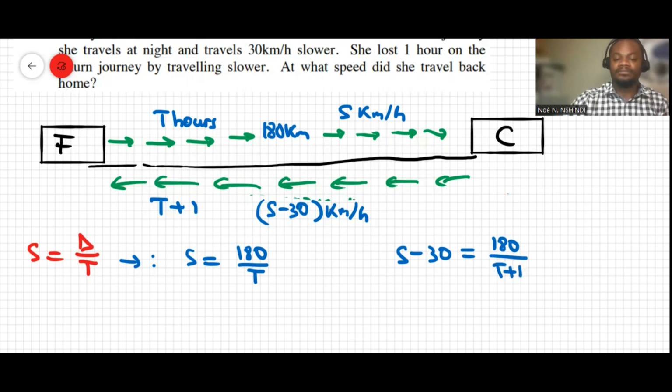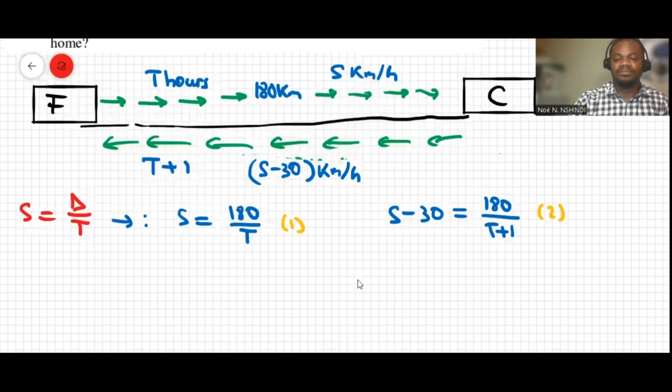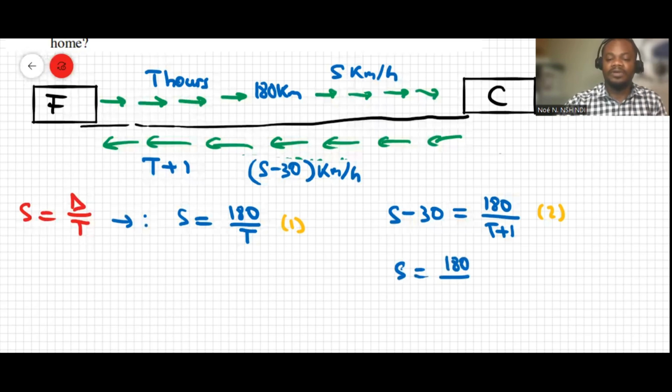Now, it's kind of a form of a simultaneous equation again. Over here, I can say s will be equal to 180 over t plus 1 plus 30.